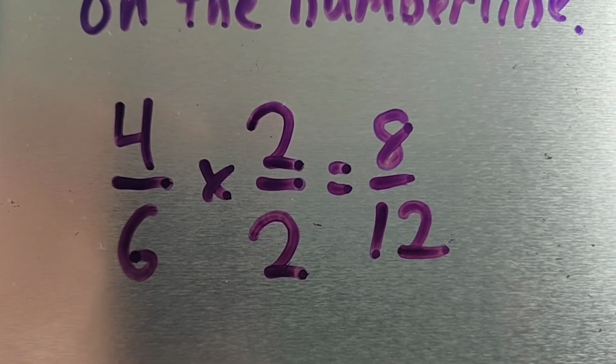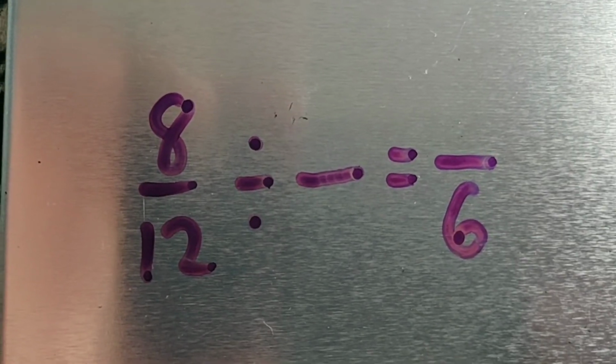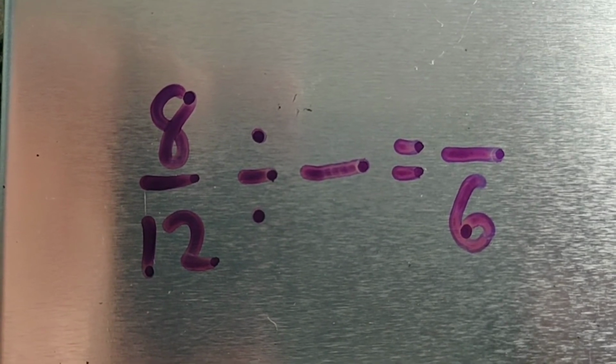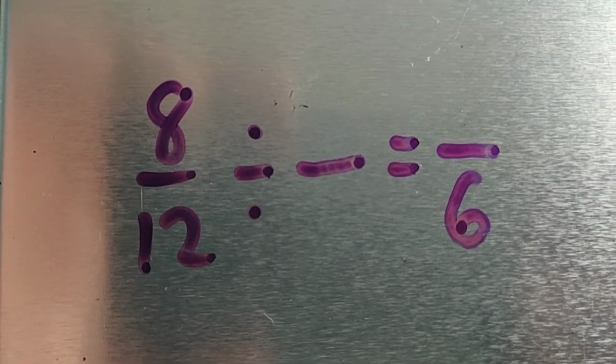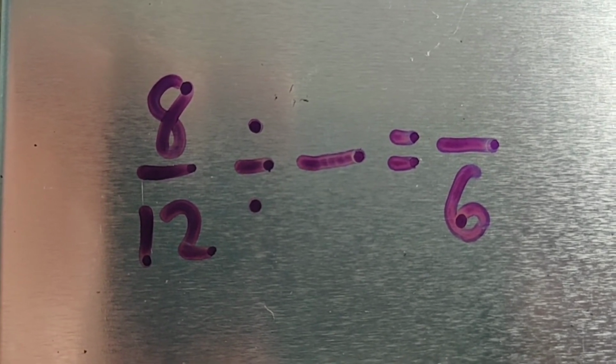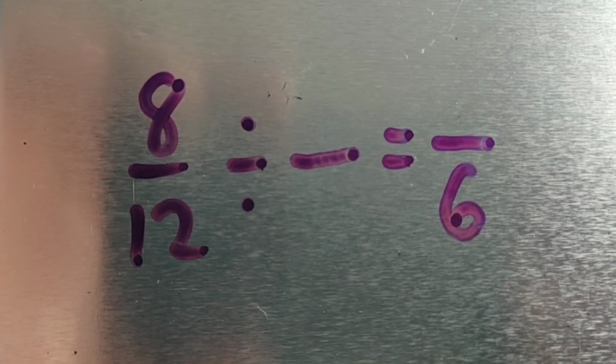The other way you could do that is set up your equation like this and use division. Since we are given the fraction 8/12ths, 8/12ths divided by blank over blank equals a certain number of sixths, since our number line's broken into sixths.